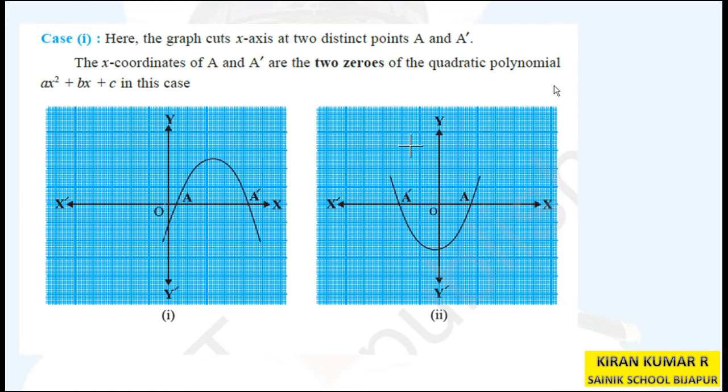In case 1, the graph cuts the x-axis at two distinct points A and A dash. The coordinates of A and A dash are the two zeros of the quadratic polynomial ax² + bx + c. Just look at the first figure. We have 2 points towards the right side.